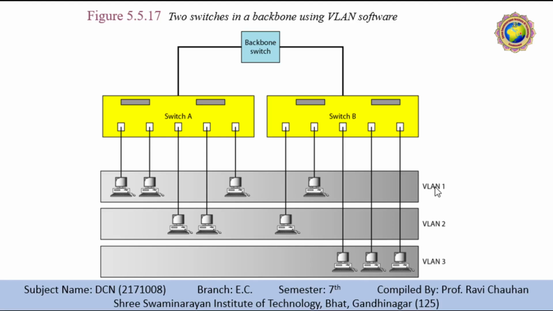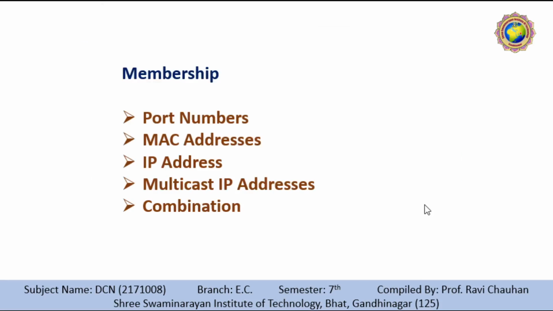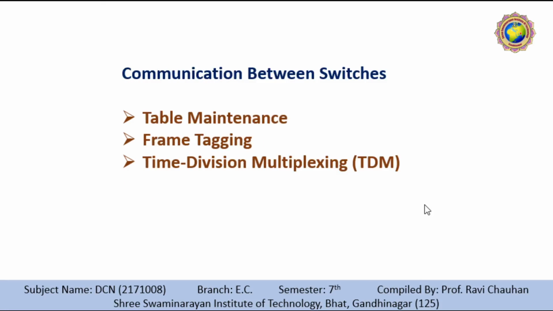The traffic designated for VLAN 1 travels in channel 1, the traffic designated for VLAN 2 travels in channel 2, and so on. The receiving switch determines the destination VLAN by checking the channel from which the frame arrives. Fine. So that is our communication between switches.